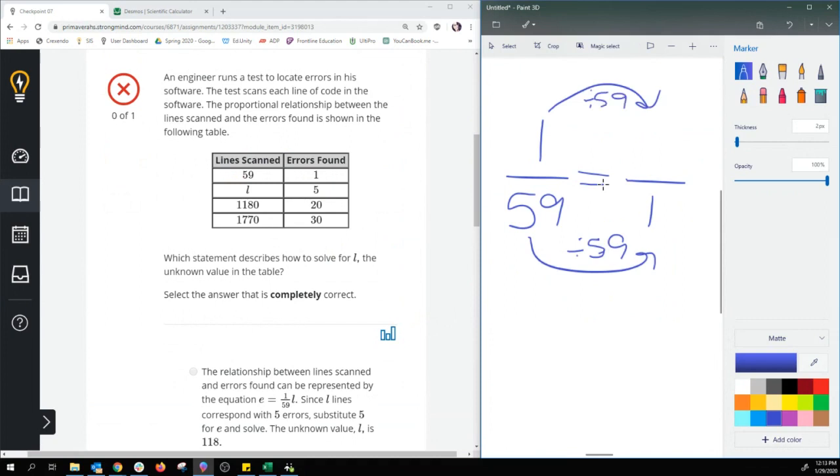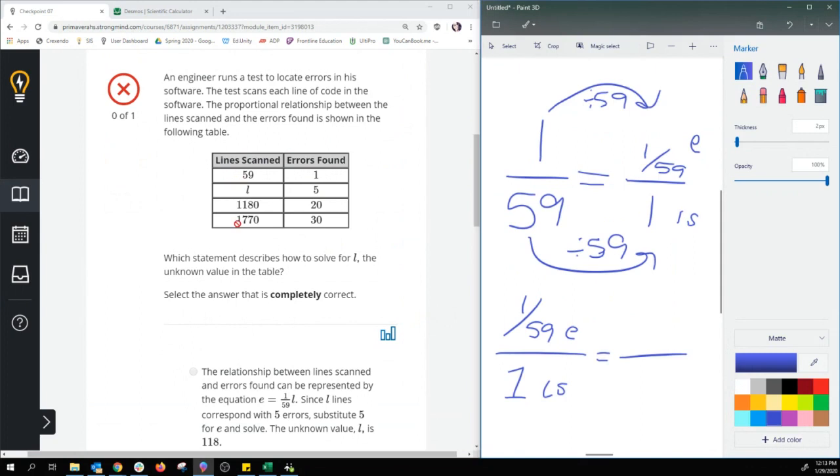So 1 divided by 59, I can write that as 1 over 59. Okay. So 1 is our lines scanned. I'm going to put LS for lines scanned. And 59 is our error. So 1 over 59 is our error, and I have 1 lines scanned.